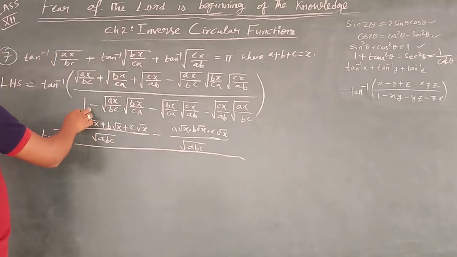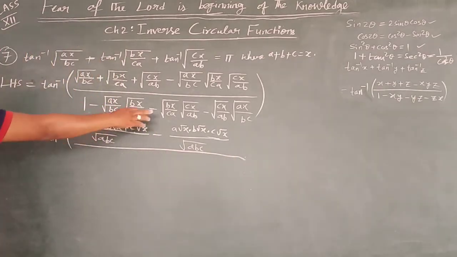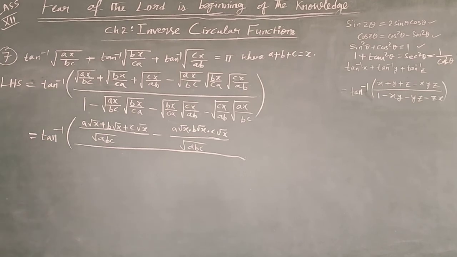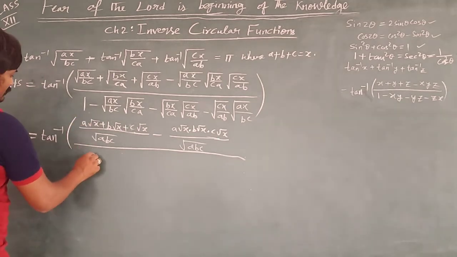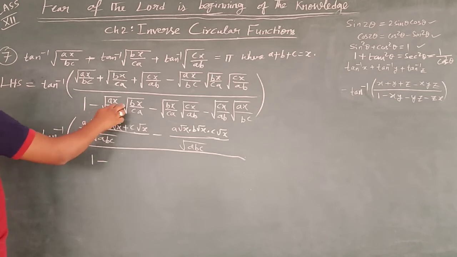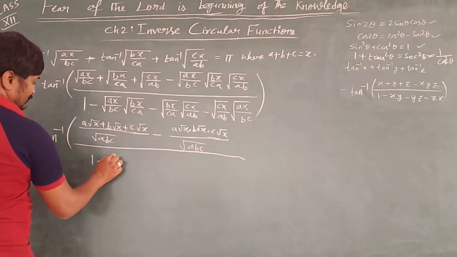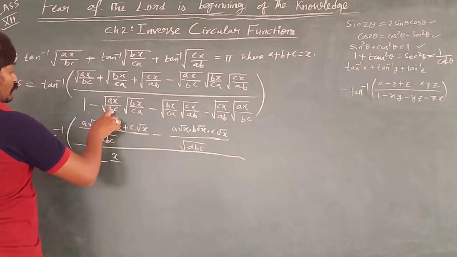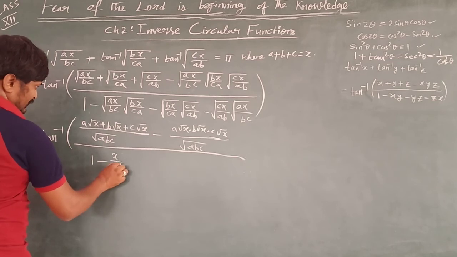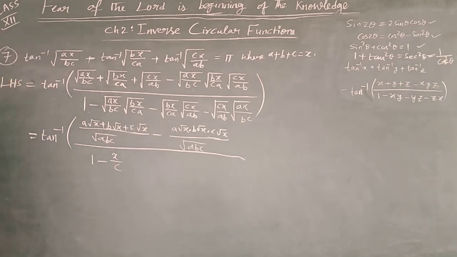Now here what can we do? Here again this also you can take the same method, but without a calculator we simplify. No worries. That 1 minus, check now, upon root c into root c, that is nothing but c, x upon c.